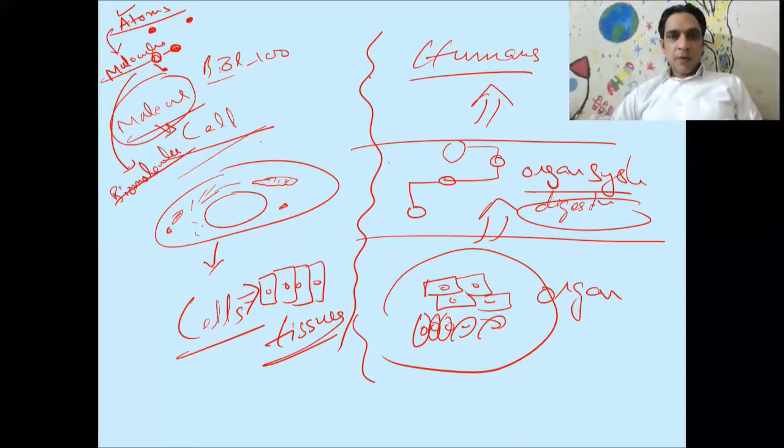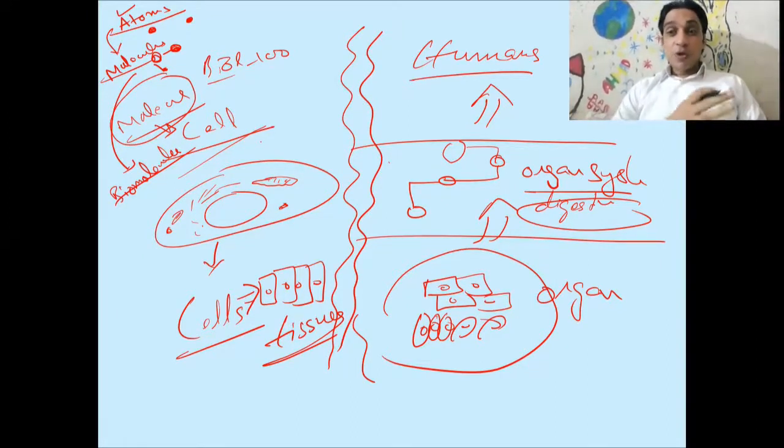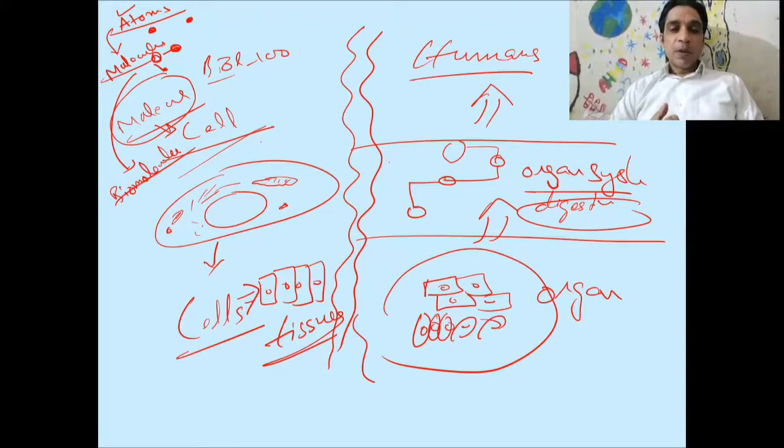In the first part, we have studied things at a molecular and cellular level. In the second part, which is comparatively easier, and I'm sure you guys are going to enjoy that part much better as compared to the first one, because you are going to study yourself. You will study the structure and functions of different things present within humans, and that will enlighten us in different ways.